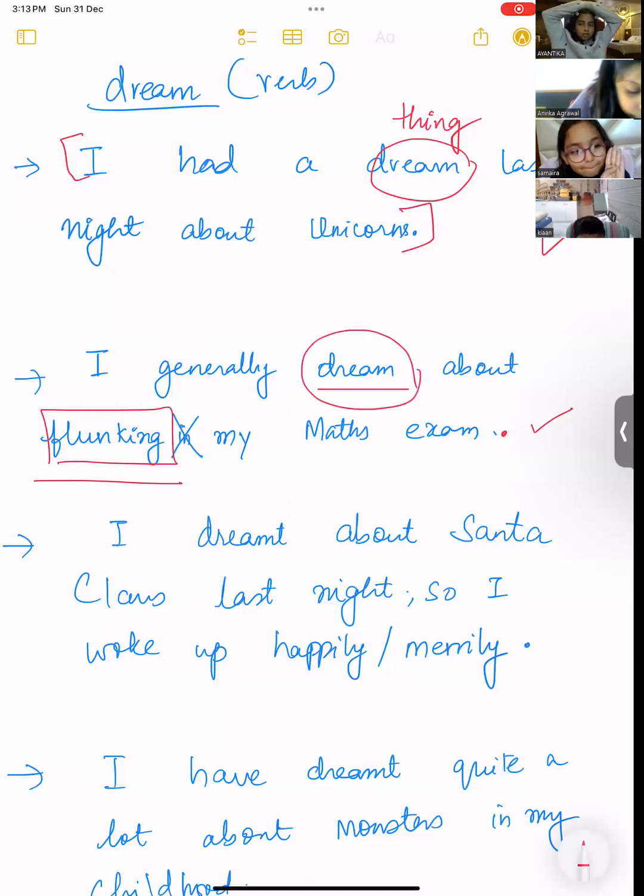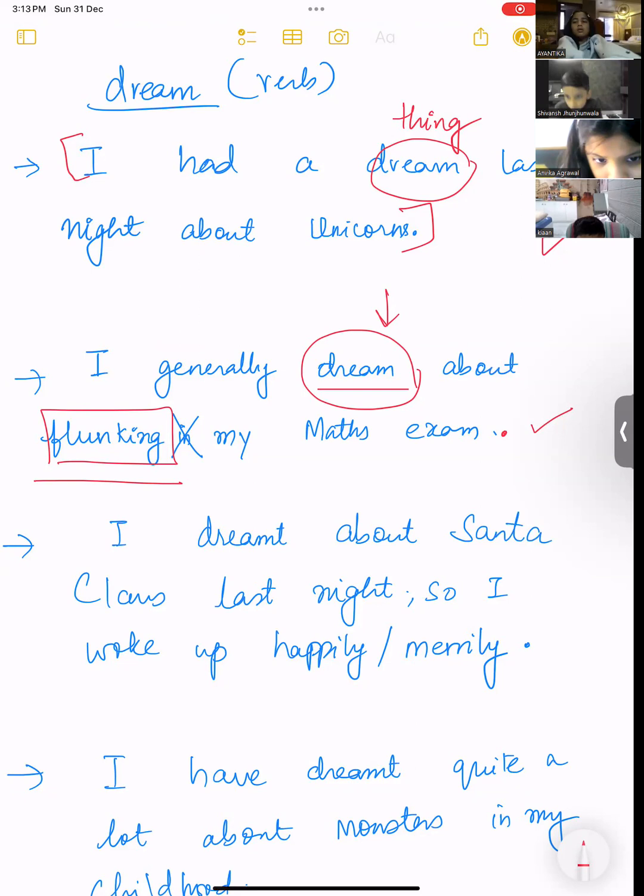Dream is in which form, Samaira? Present. Flunking is present continuous. Since we are focusing on dream, which is our main verb, we will say that the tense is simple present tense.